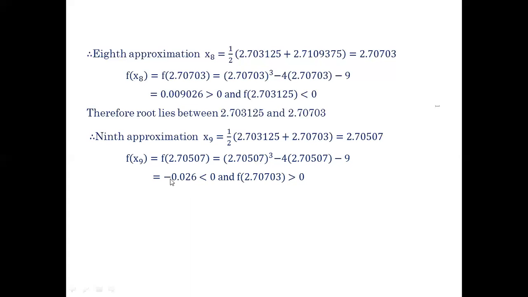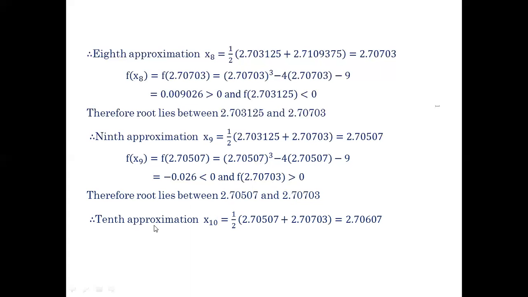Simplification gives minus 0.026, less than 0. The positive value f of 2.70703 is greater than 0. Therefore, the root lies between 2.70507 and 2.70703. Therefore, the 10th approximation, x10 is equal to 1 by 2 into (2.70507 plus 2.70703), which is equal to 2.70607.